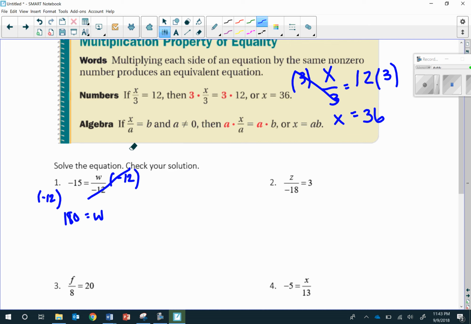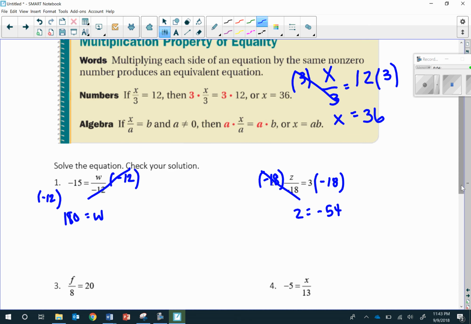Looking at number 2, we have z divided by negative 18 equals 3. We're going to multiply each side of our equation by negative 18. This leaves us z equaling negative 54. So negative 54 divided by negative 18, that does in fact equal 3.